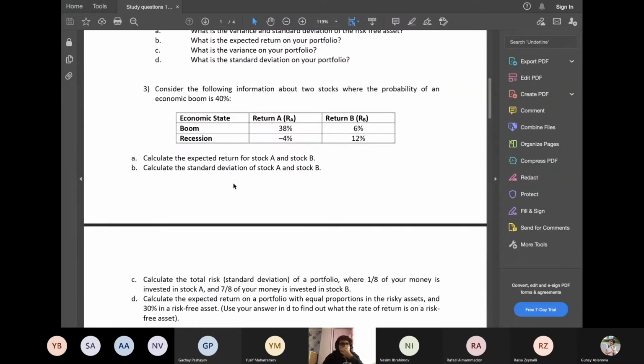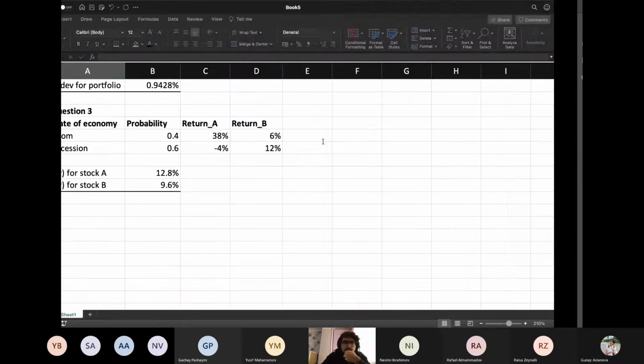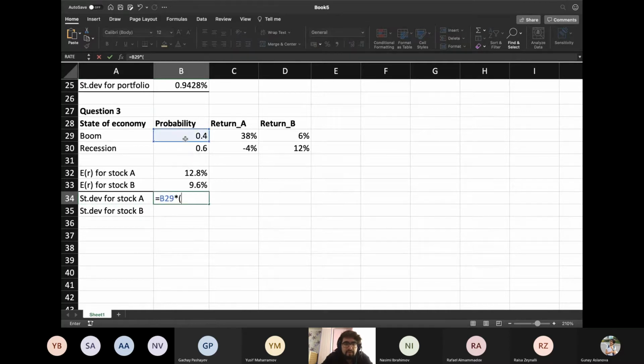Part B, calculate the standard deviation for stock A and for stock B. Standard deviation for stock A: the probability times boom's return minus expected return to the power of 2 plus recession's probability times recession's return minus expected return to the power of 2.